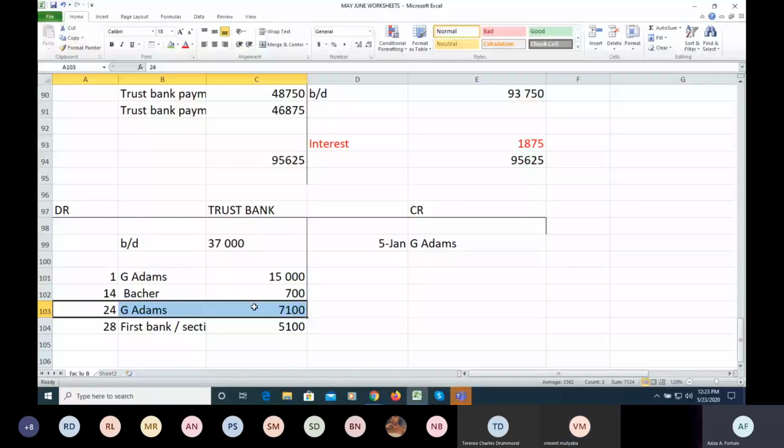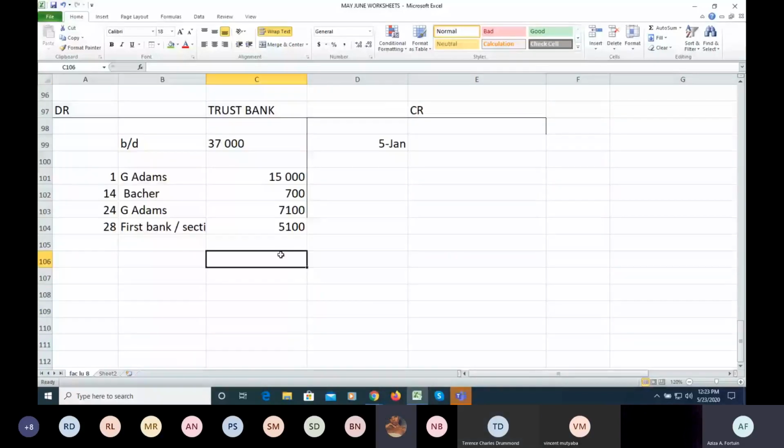Okay, there was somebody else who wanted to ask something. Yes, Aziza. Why did you debit the 15,000 instead of crediting it? Because G. Adams decided to divorce his wife and deposited 15,000 with Candace attorneys. So G. Adams put the money into Candace attorneys' account.